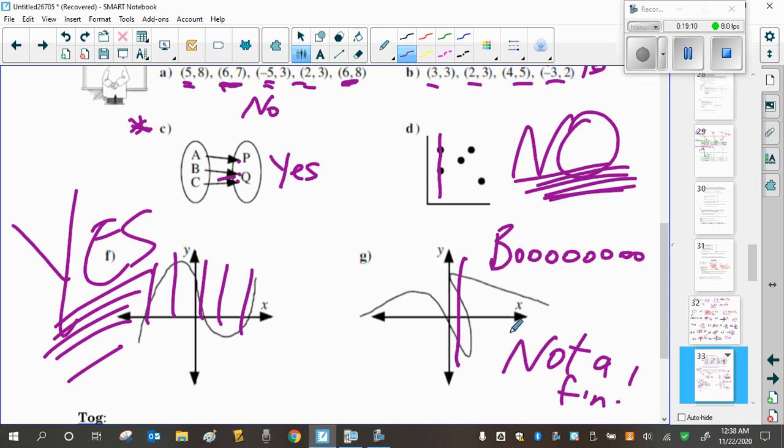Sorry for screaming. So go ahead and correct those. And we'll go to the top of the next page, which is just like doing a table of values. It's just written in a different format.